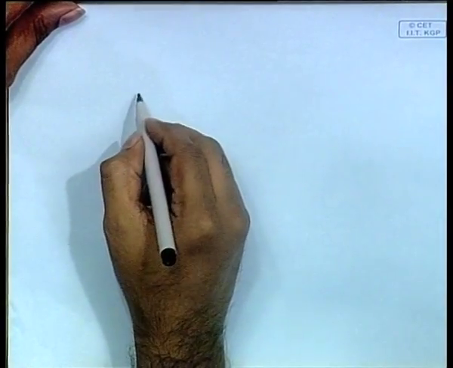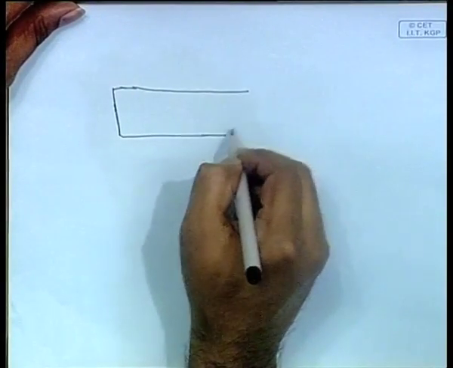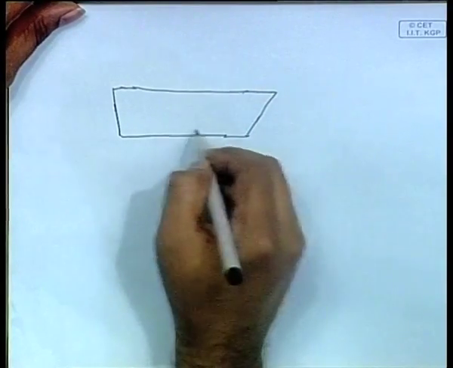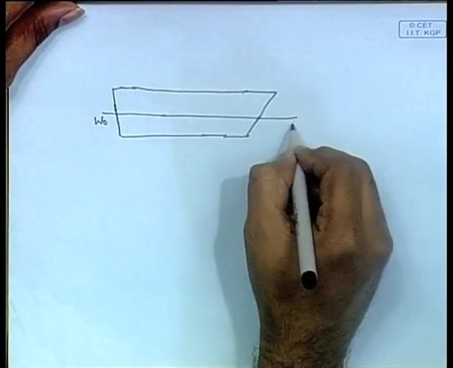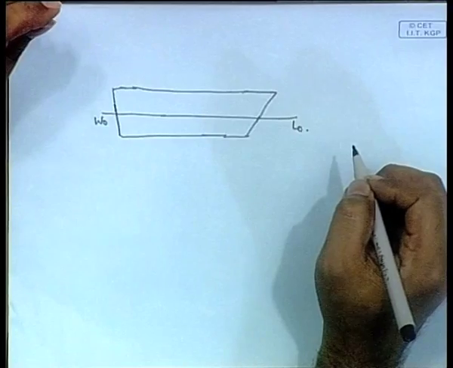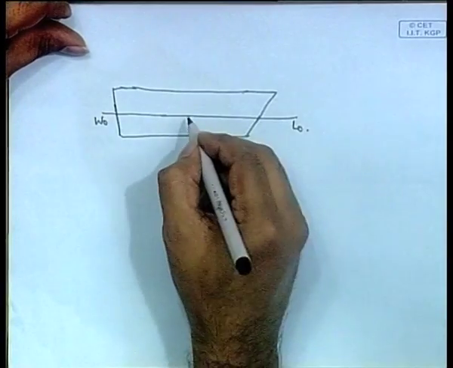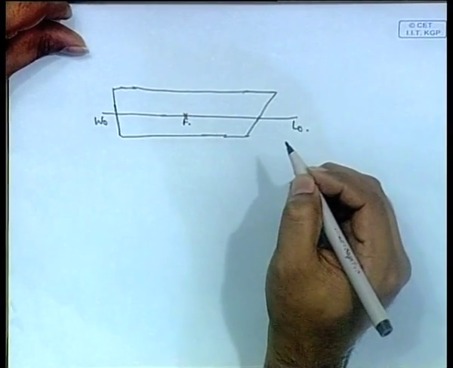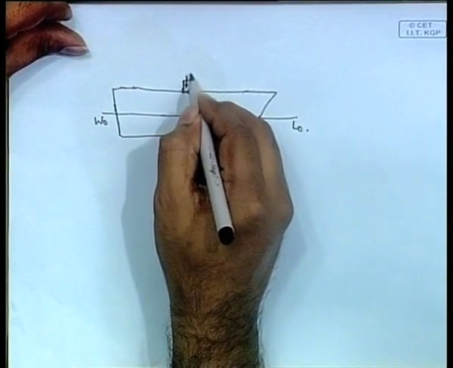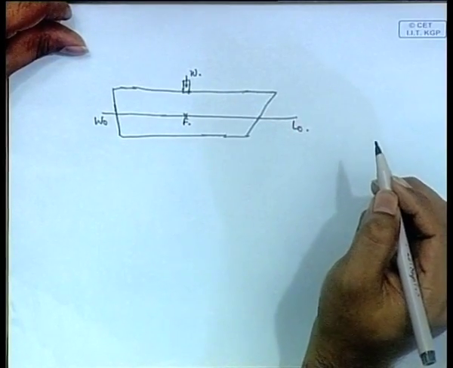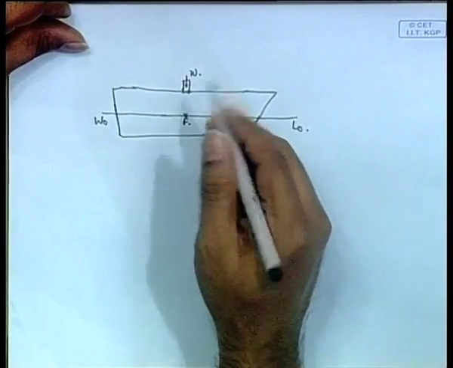Now suppose you have a ship, and this is your initial water line W0 L0, and this is your center of flotation F. Suppose that initially you add a small weight w exactly above F. Once you add the small weight exactly above the center of flotation, the ship will sink.